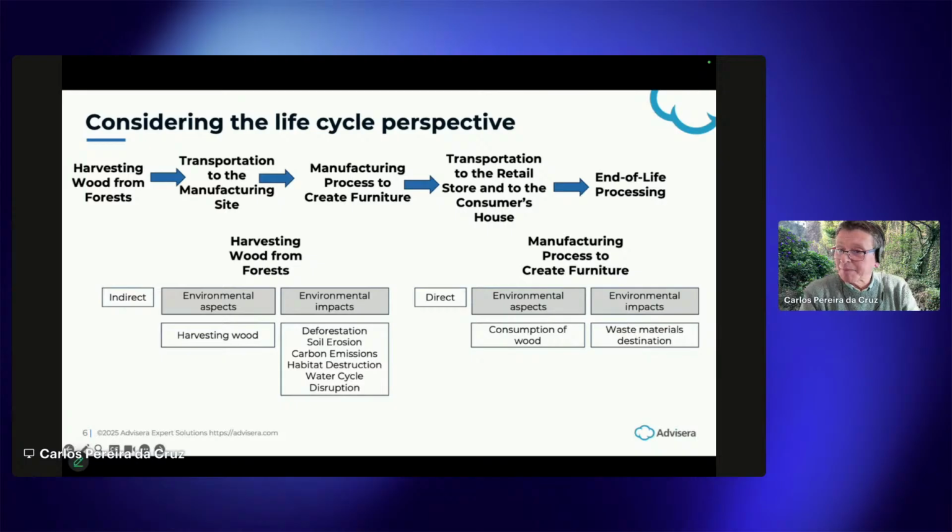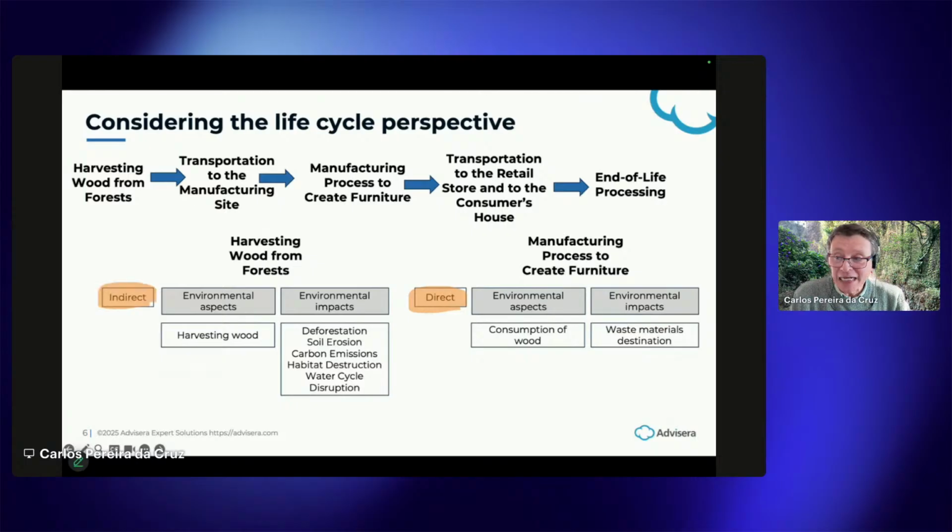Okay, so considering the life cycle perspective, the difference between direct and indirect environmental aspects lies in the level of control and influence the organization has over them. So direct environmental aspects are those resulting from activities, products, or services the organization controls directly. For example, emissions from on-site operations, energy consumption, or waste generation at its facilities.